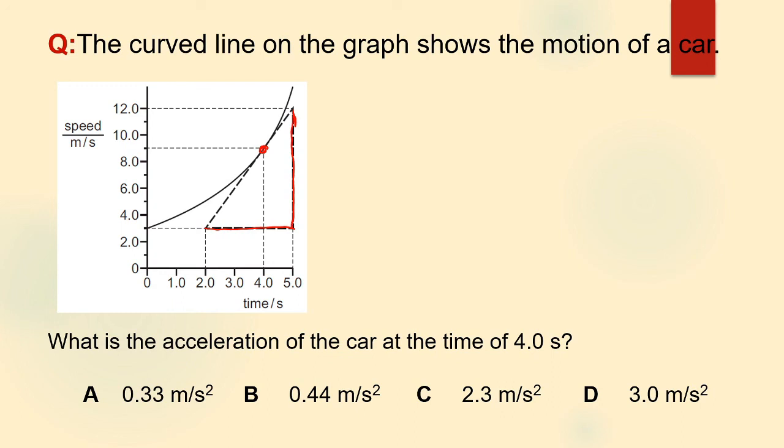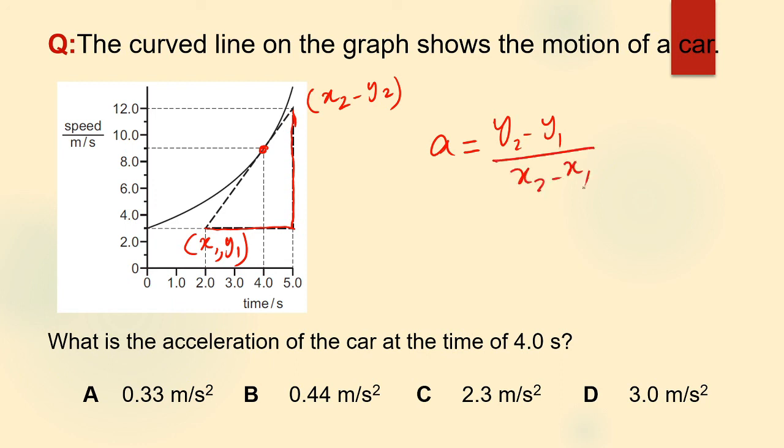Now we are going to decide the coordinates of that right angle triangle. The first point we are going to take as x1 and y1, and the second point is x2 and y2. So we can find the acceleration at 4 seconds by using the relationship a equals y2 minus y1 over x2 minus x1. So y2 in this case is 12 here, and y1, that is between 2 and 4, that is 3.